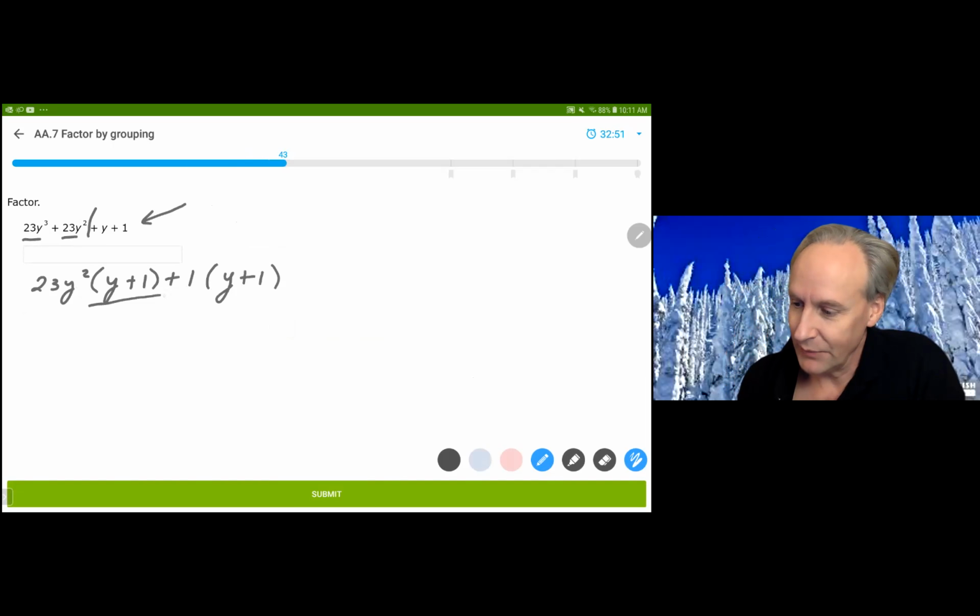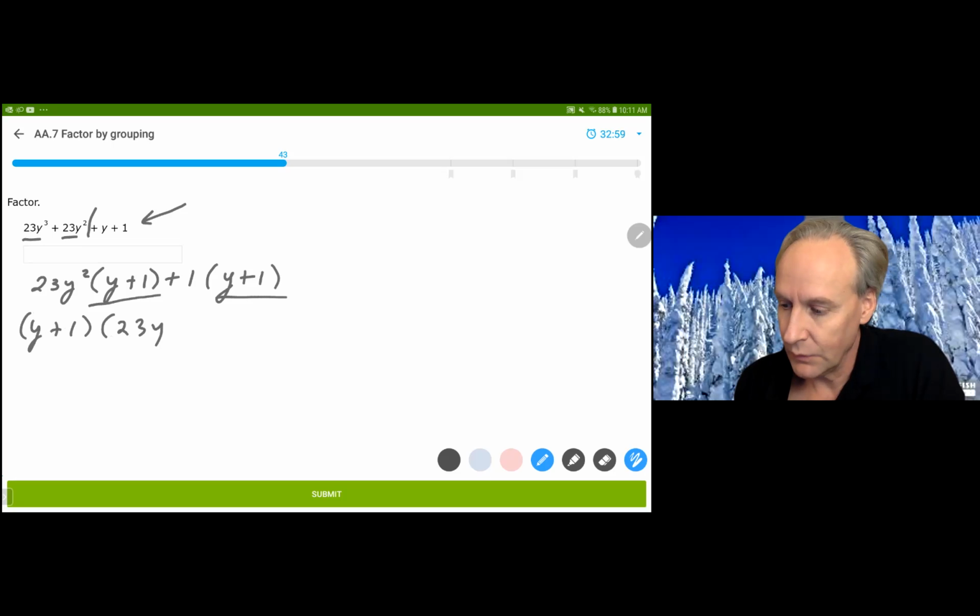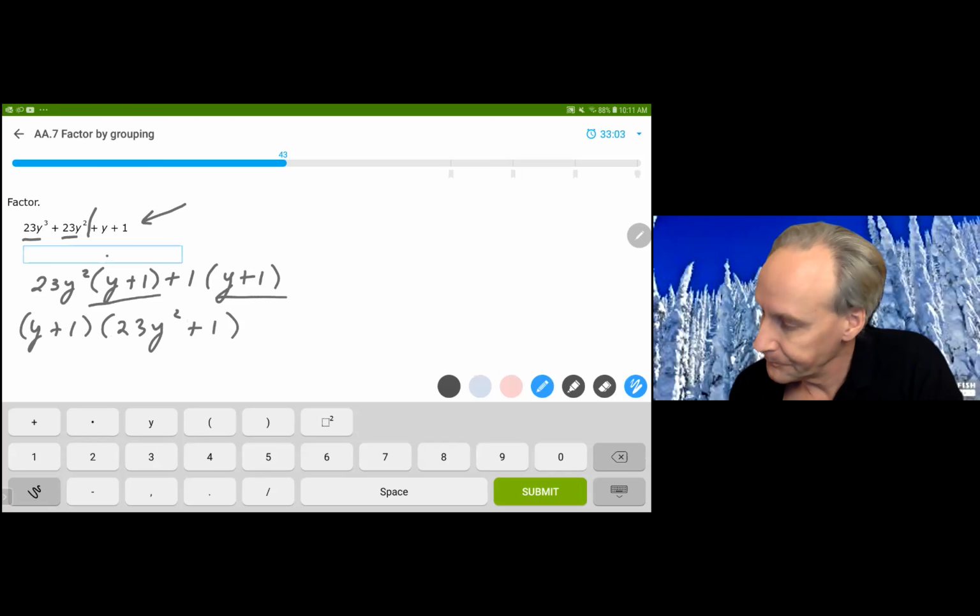Then you take out the y plus 1. Okay, I'll write it. Y plus 1 times the 23y squared plus 1. There we go. And there are our factors.